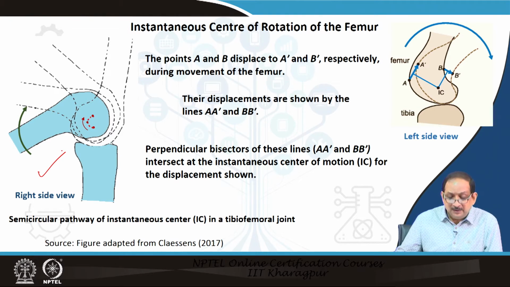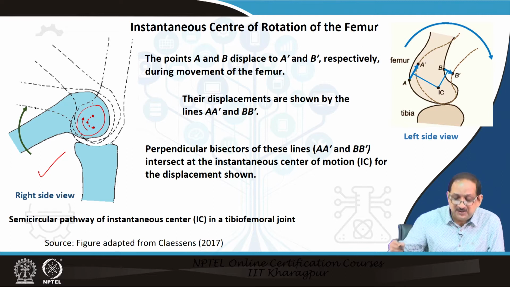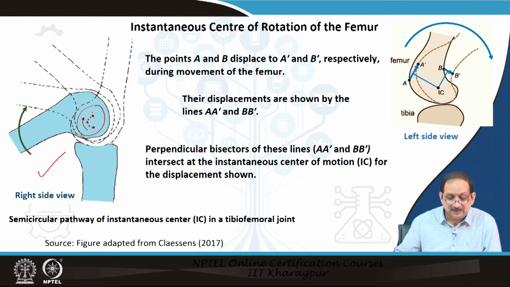In a normal knee, this pathway is semicircular. So, we see that with rotation of the femur, that is flexion or extension, the instantaneous center of rotation is rotating along the semicircular path.